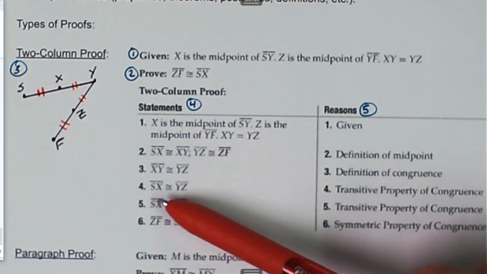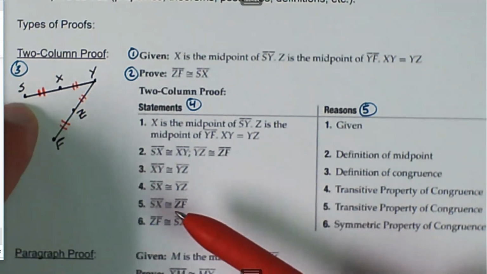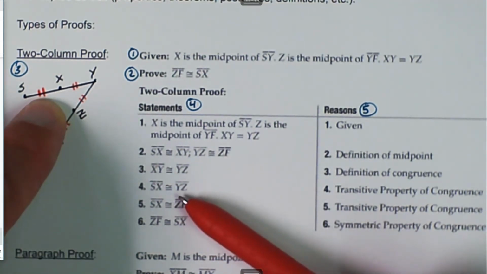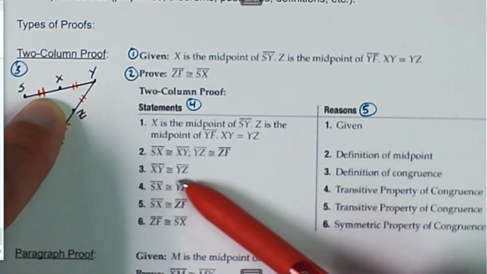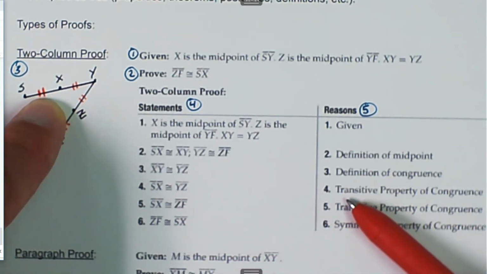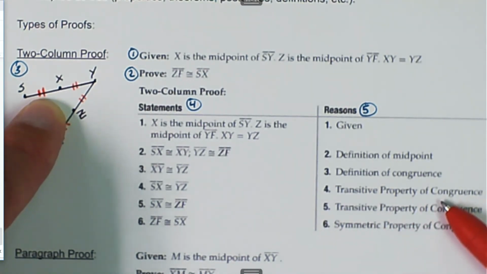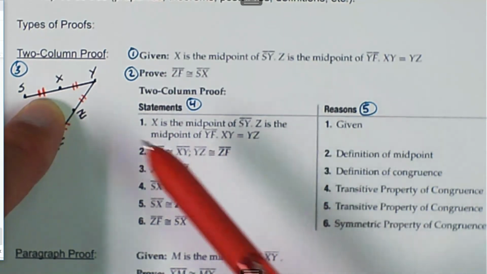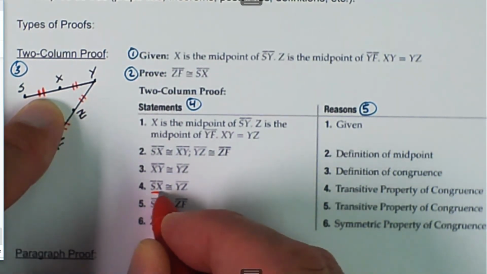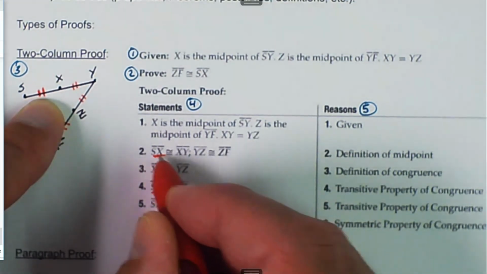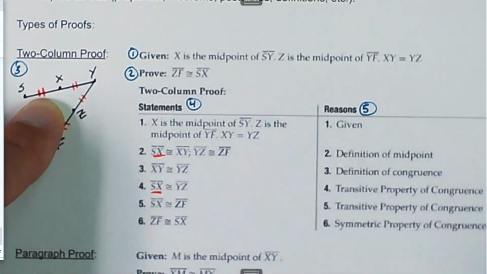Next, we can move on to SX. Right here, SX is congruent to YZ. And that is the transitive property of congruence. So we already said that SX was congruent to XY.